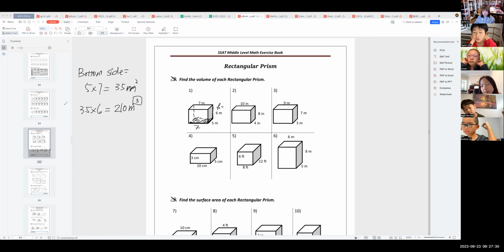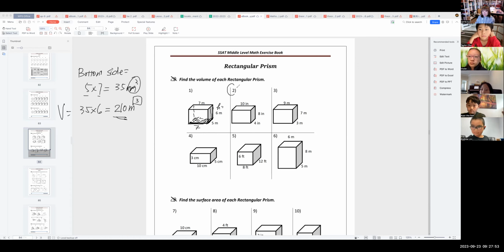Because this is volume, okay? When we have volume, we have width, length, and height times together. So that is 210. Get it, Violet? Okay, so if we have the area, it's only width and length times together, so that's why there's only 2 times together, so it's just squared.